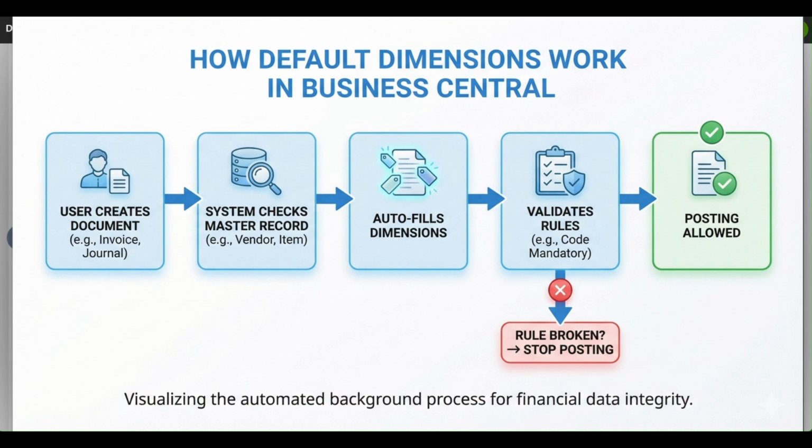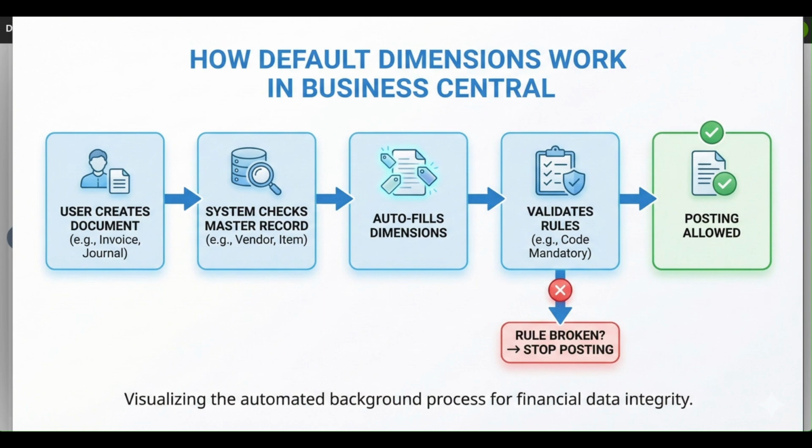Then it autofills the dimension and then validates the rule. For example, if the code mandatory dimension is empty, then the system will stop you from posting until it's fixed. And if the values are correct, then it will allow posting.